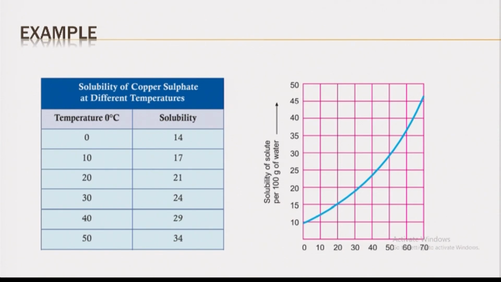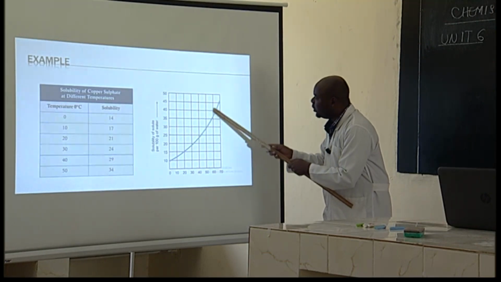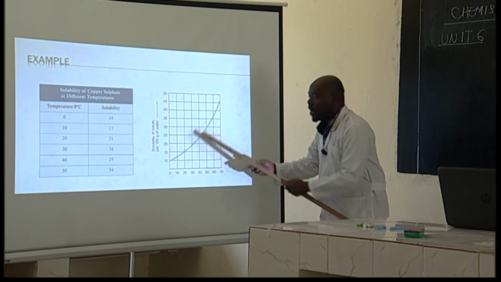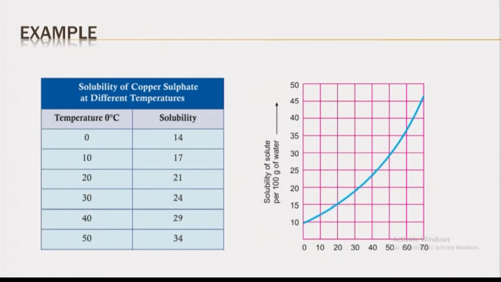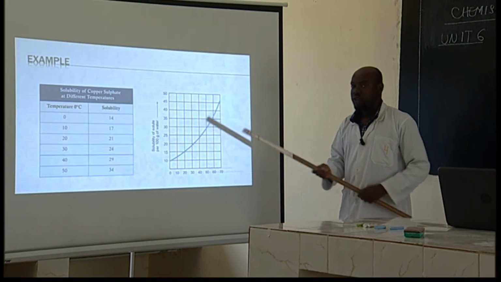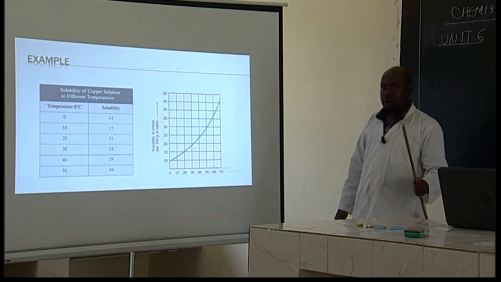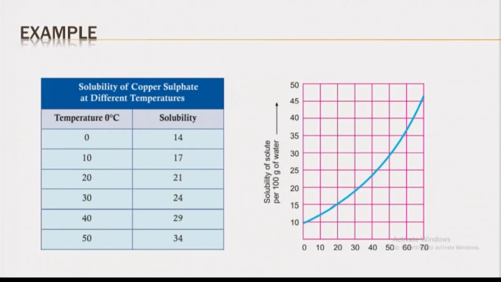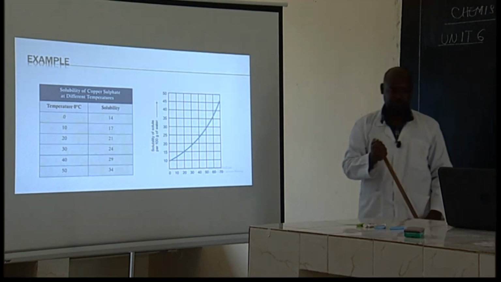You always find points which have 2 coordinates, an x-coordinate and a y-coordinate, and when you combine the 2 values, x and y, you get a point. When you have enough points, you can then join them to get your solubility curve.